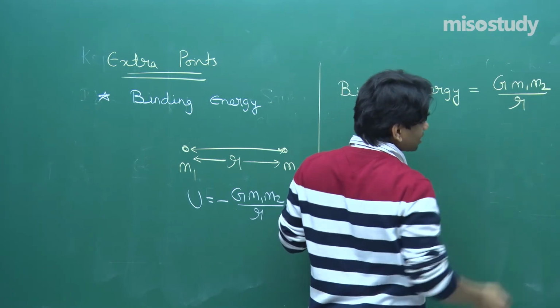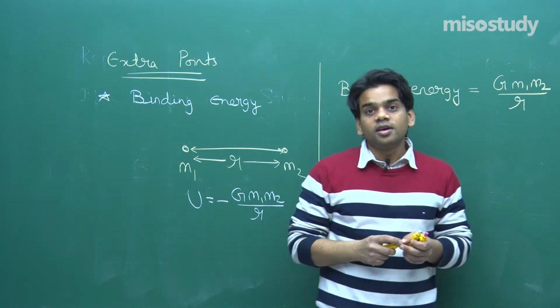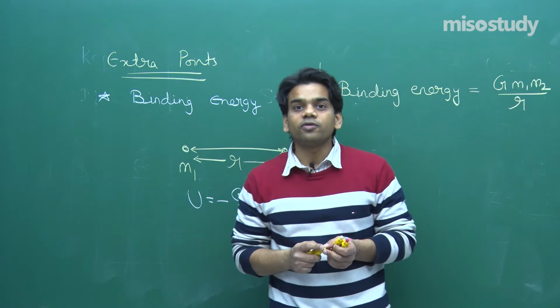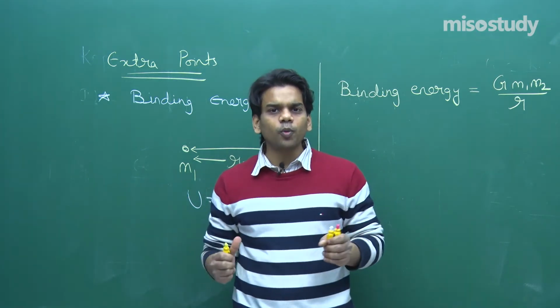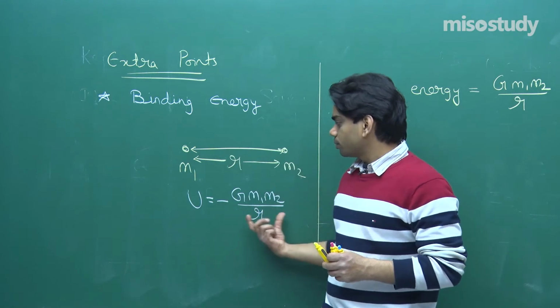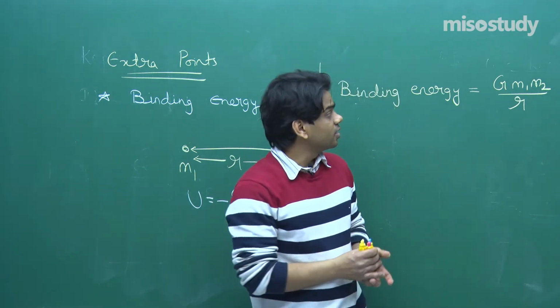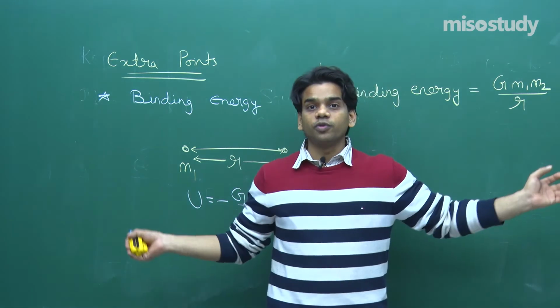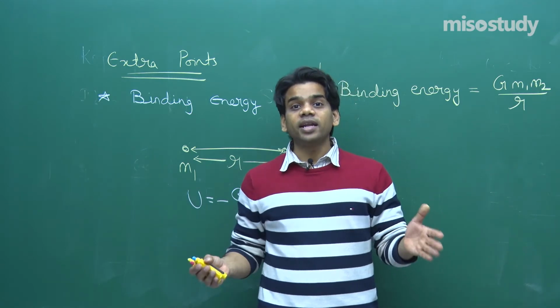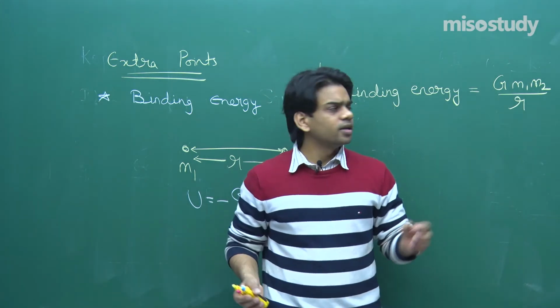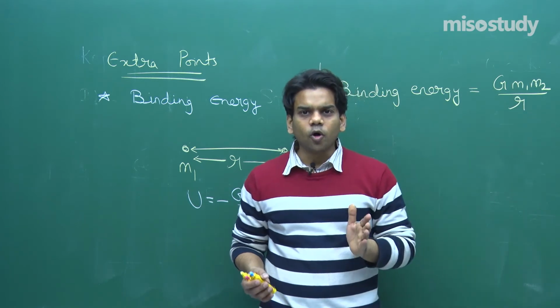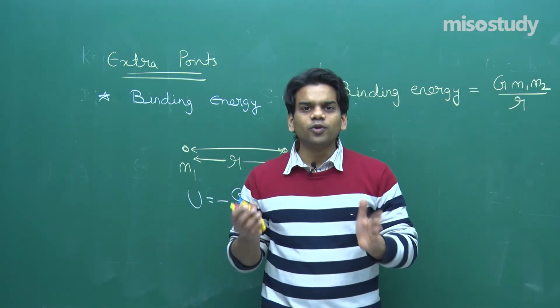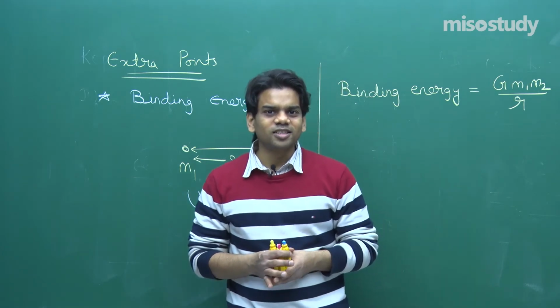What do we mean? The system is stable by this much amount of energy. If you want to disrupt the stability of the system, if you want to separate them to infinity, you have to provide this much amount of energy, magnitude wise. Hence, the binding energy, the energy with which they are bound, will be G m1 m2 by r. I hope that all these statements would clarify the concept of binding energy within you.